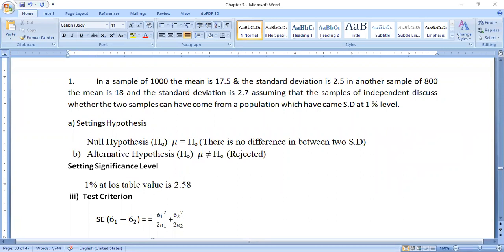So the same procedure. The first step is setting the hypothesis.